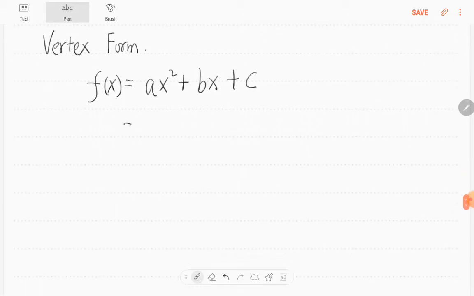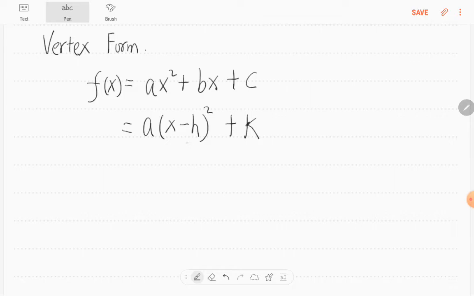The vertex form is given by a times (x minus h) squared plus k. We have a complete square, multiplied by a, then plus a constant k.